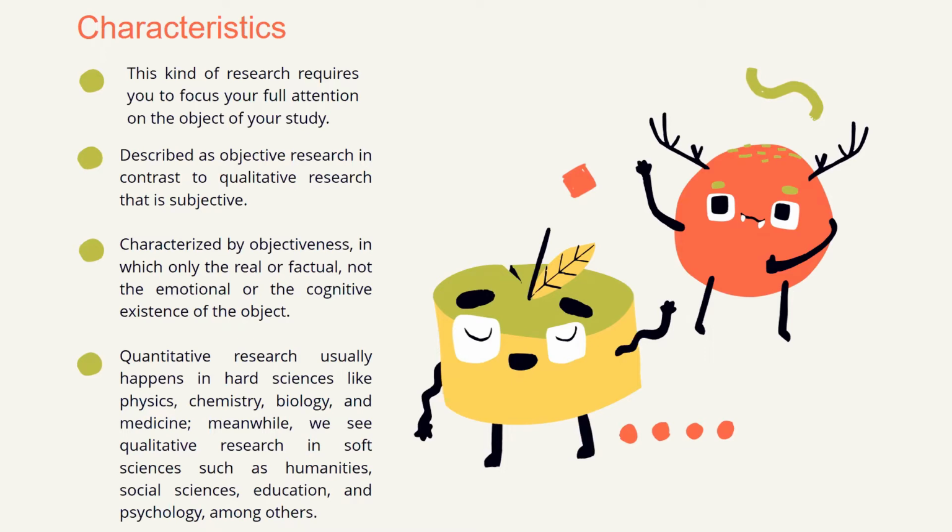It is characterized by objectiveness in which only the real or factual, not the emotional or the cognitive existence of the object, like in qualitative. And also quantitative research usually happens in hard sciences like physics, chemistry, biology, and medicine. Meanwhile, we see qualitative research in soft sciences such as humanities, social sciences, education, and psychology, among others.